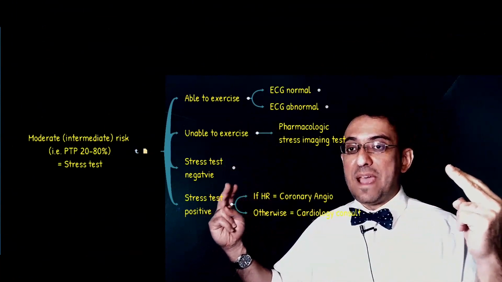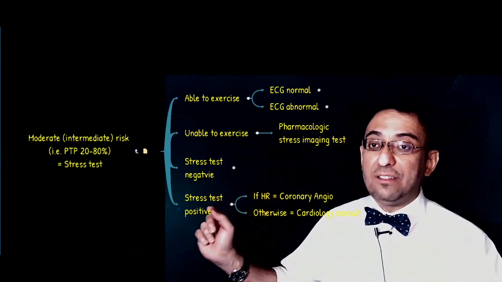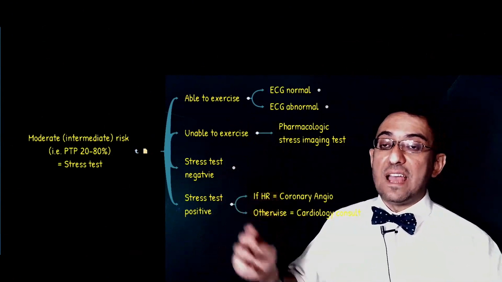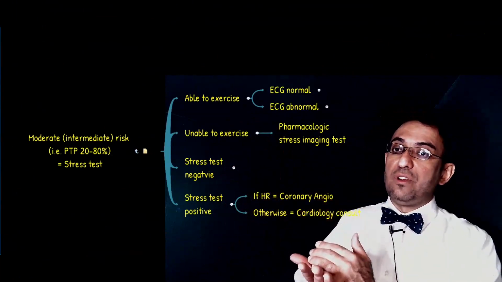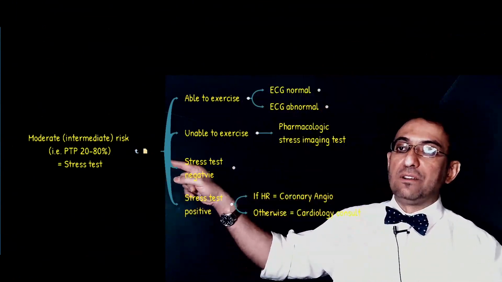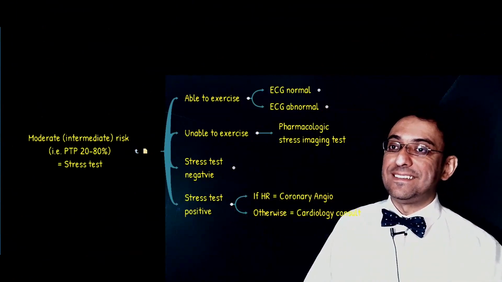The second best test is pharmacologic, also known as vasodilator radionuclide imaging. The final test is dobutamine. Know their indications and contraindications and follow this simplified algorithm, and you are good to understand and apply whatever you need for stress testing.